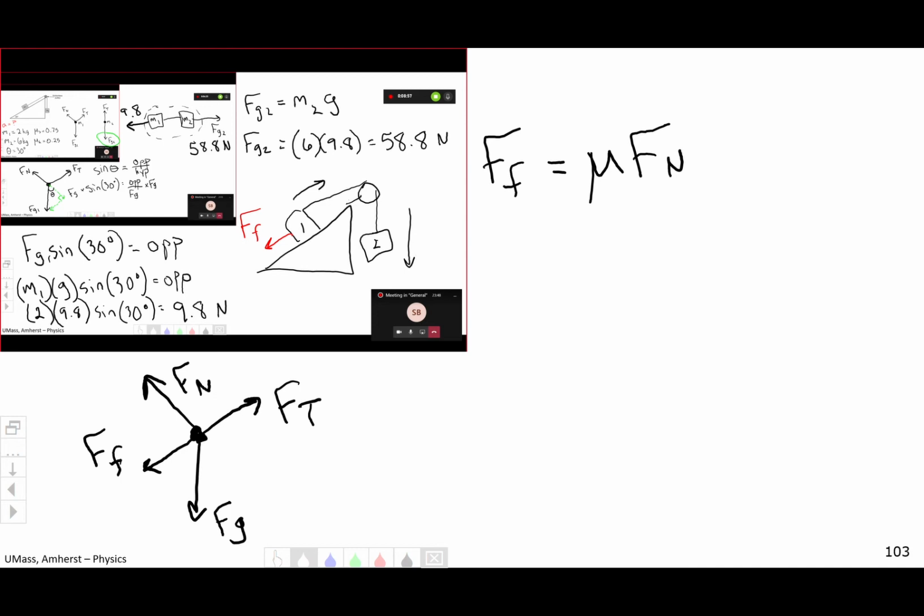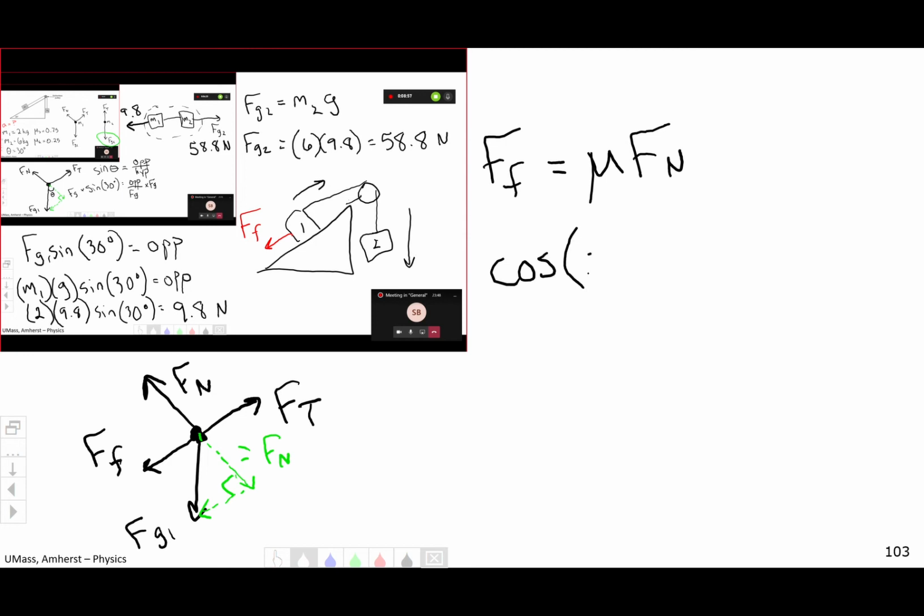And that normal force, if we go back to our free body diagram, if we draw our components here, we should know that this component right here is going to be equal to the normal force. So if that component is equal to the normal force, I'm going to need to use another trig function, this time the cosine, since this is the adjacent.